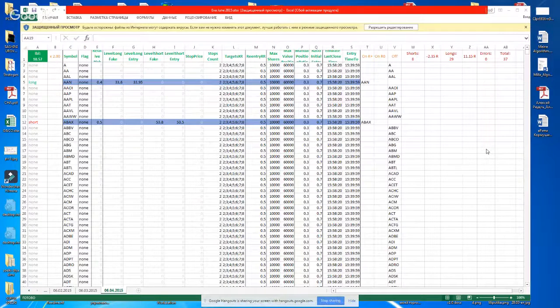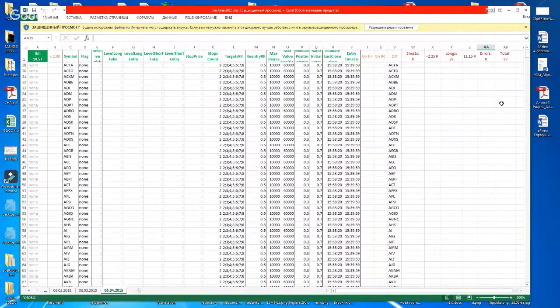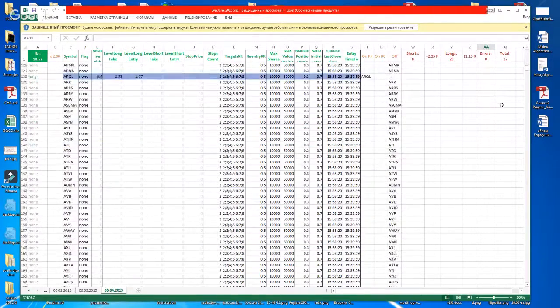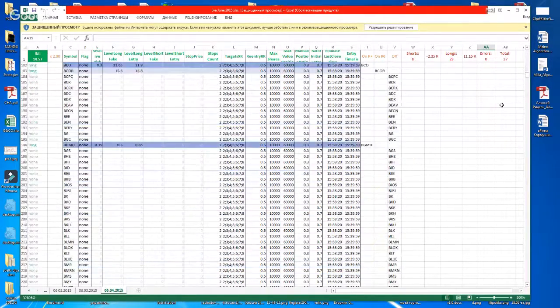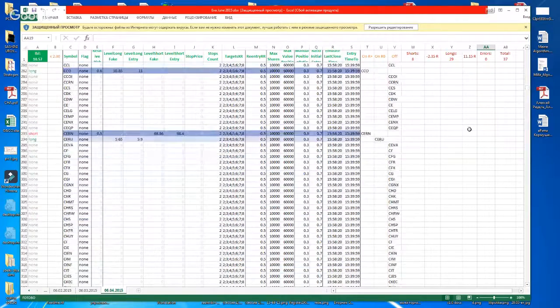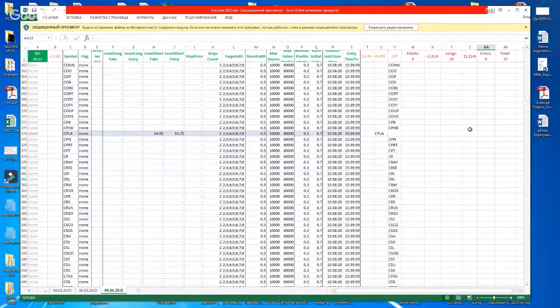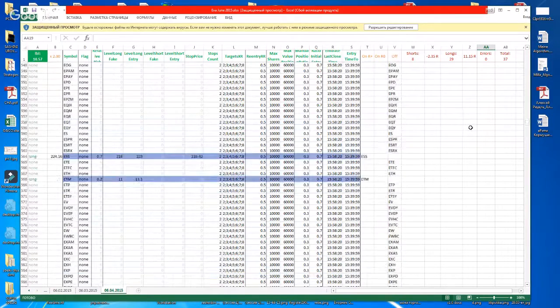So in this particular case scenario, since I do trade only with the stop orders, it's much easier for me. You see, for example, I'll show you how many orders I have: 3, 4, 5, 6, 7, 8, 9, 10, 11, 12, 13, 14, 15, 16.